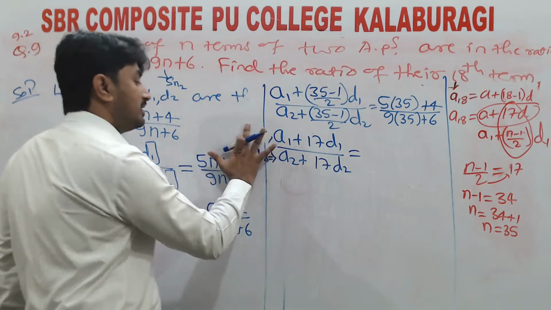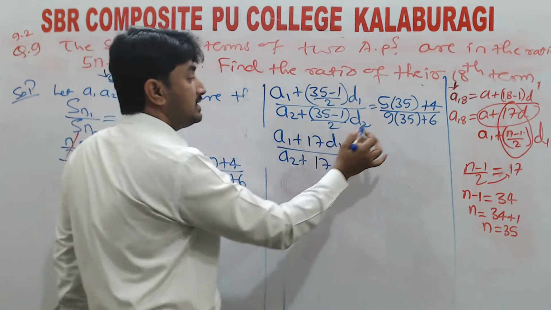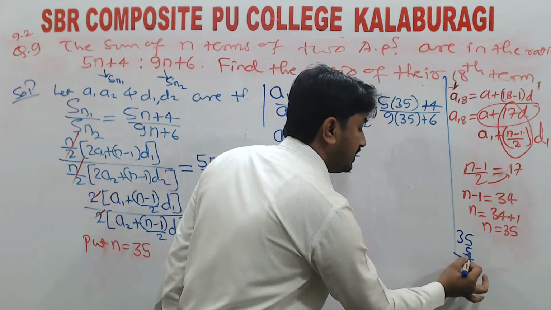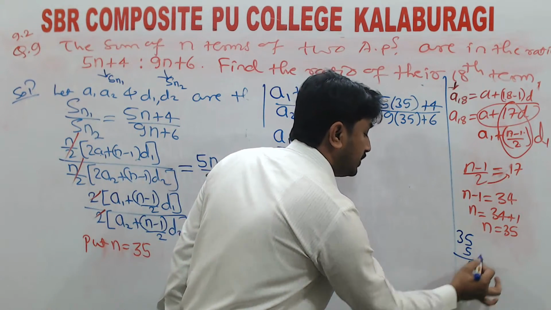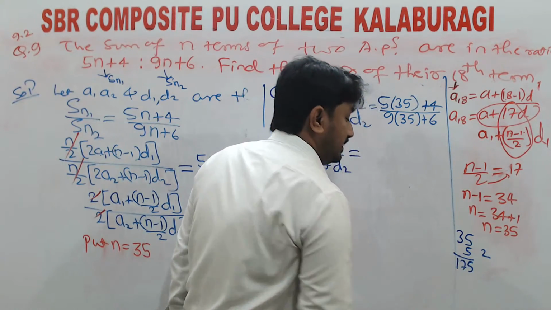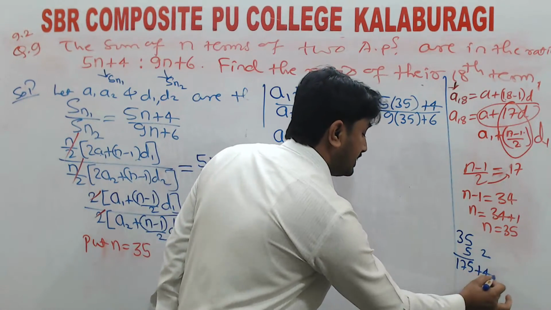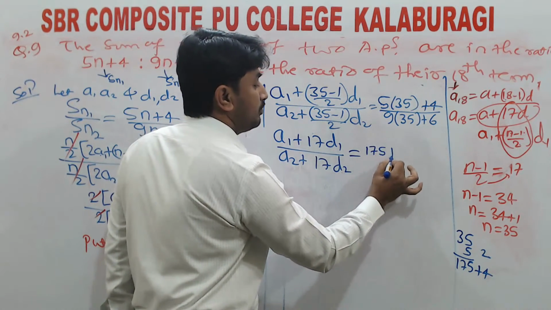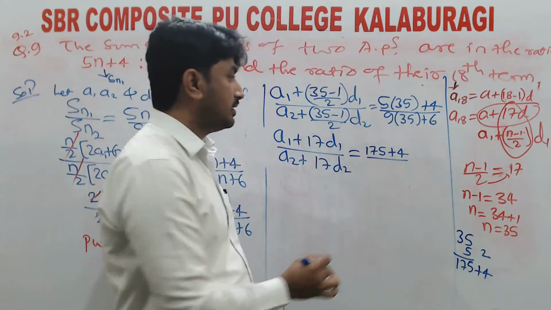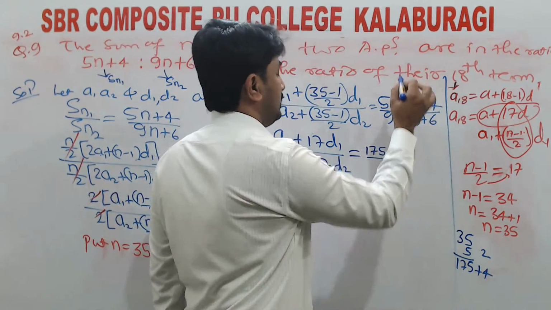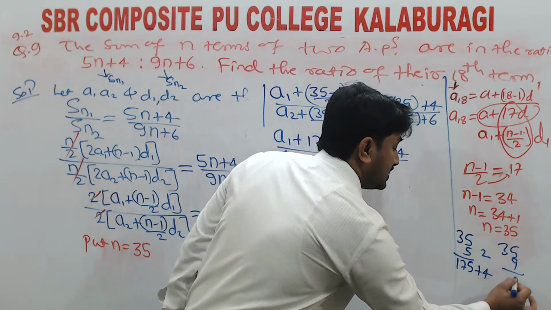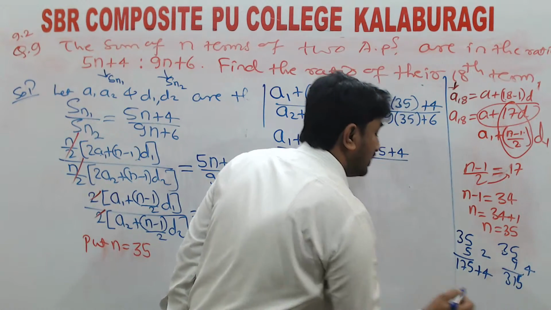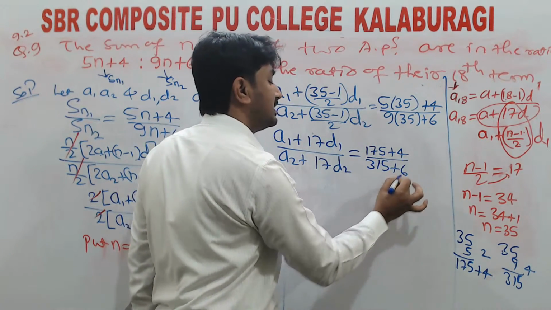Okay, so the last step is 35 into 5. Here I am multiplying 35 into 5. 5 into 5 is 25, 2 carried, 5 into 3 is 15, 175, plus 4 is 179. Divided by 35 into 9: 9 into 5 is 45, 4 carried, 9 into 3 is 27, 27 plus 4 is 31, so 315, plus 6.